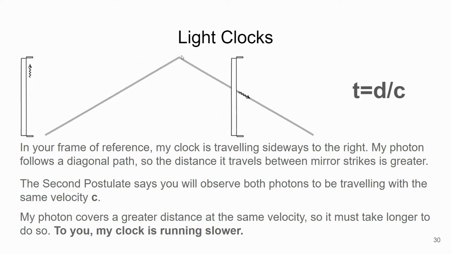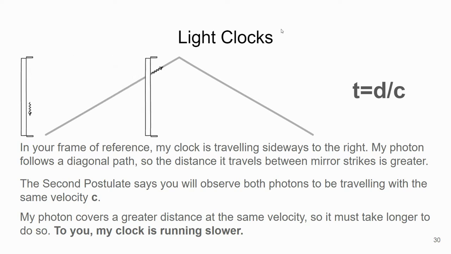And Pythagoras could tell you that this diagonal line has got to be a longer distance than the height of the clock. So what that means is my photon has to go a greater distance before it gets to the other mirror every time it goes off. So what that means with this weird light clock is that my clock is going to be ticking off the seconds slower than your light clock is, as far as you're concerned, because you've seen mine going to the right.